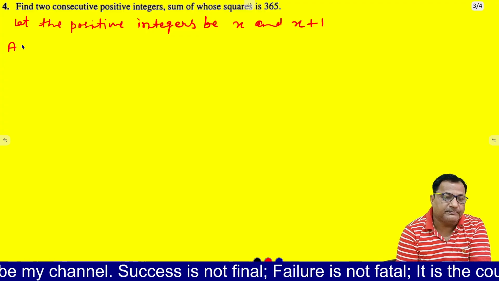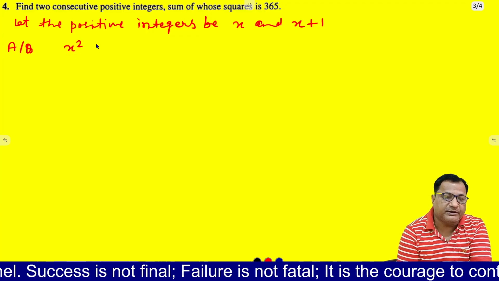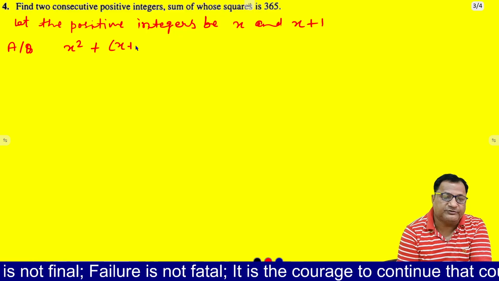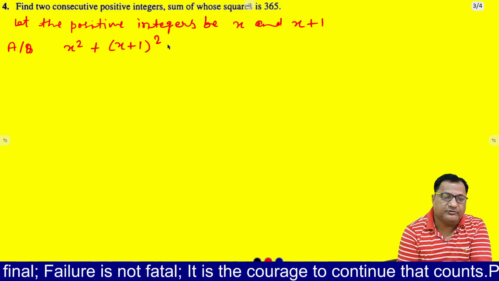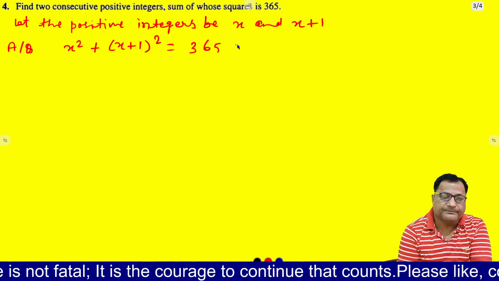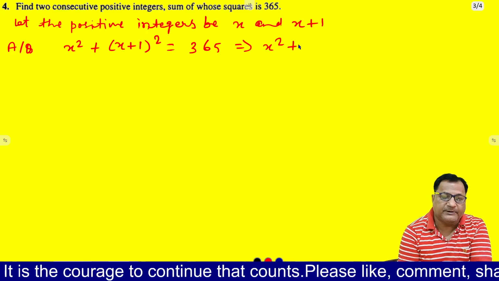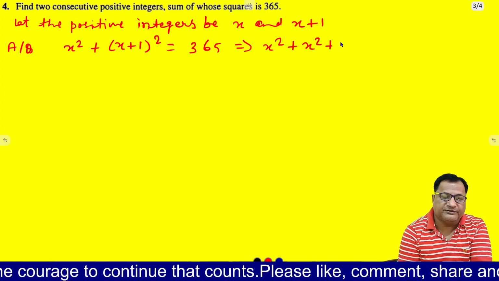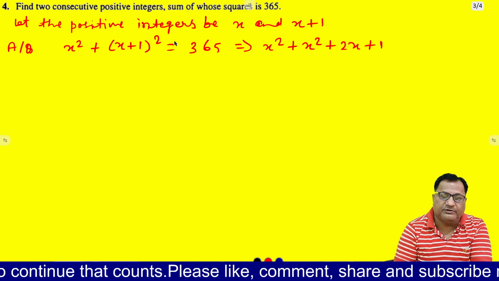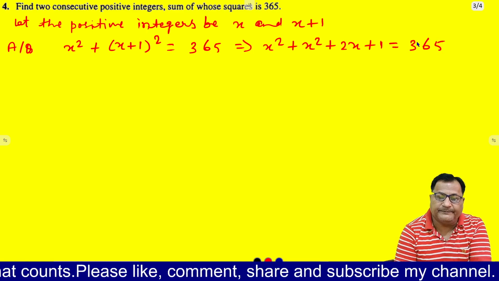According to the question, x square plus, the sum of whose squares, x plus 1 whole square is equal to 365. If we expand this, x square plus 2x plus 1, using the a plus b whole square formula, is equal to 365.